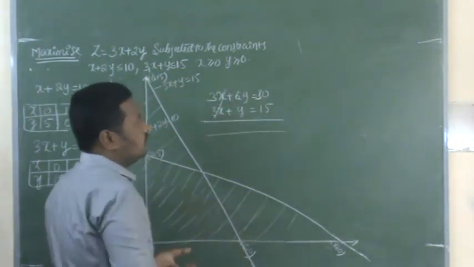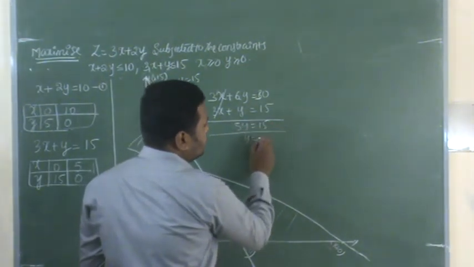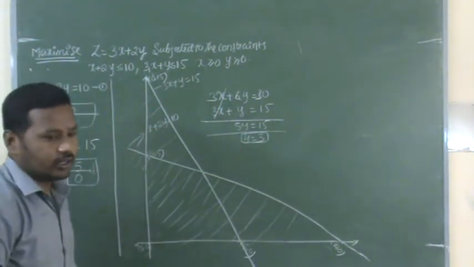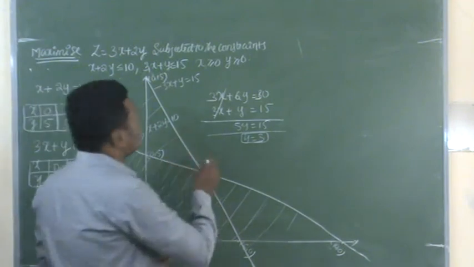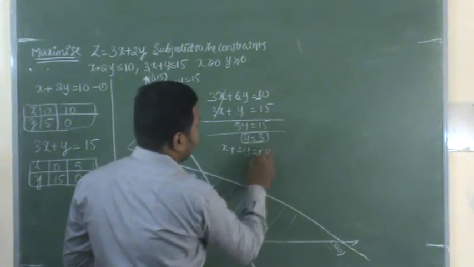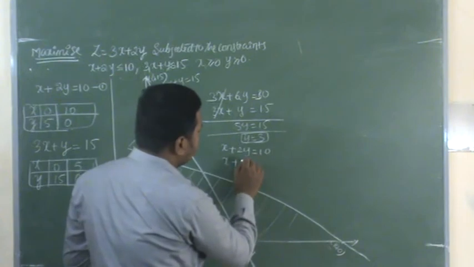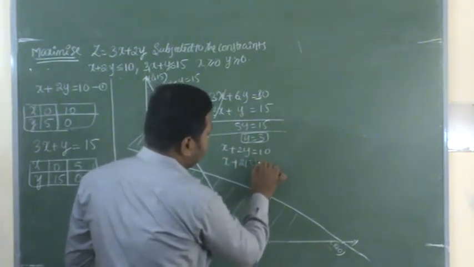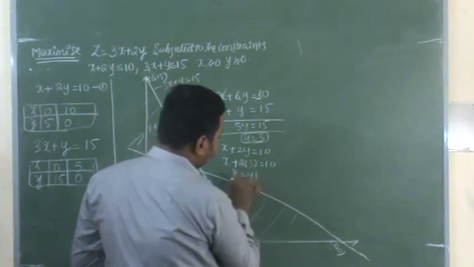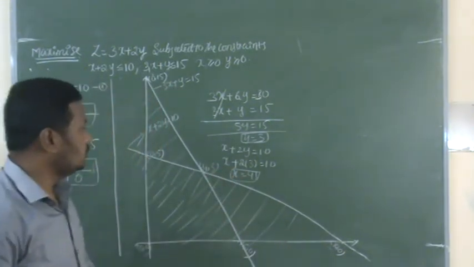On subtracting, we get 5y is equal to 15 and y is equal to 3. Next, substituting in x plus 2y is equal to 10, x plus 2 into 3 is equal to 10, so x is equal to 4. Therefore the point is (4, 3).